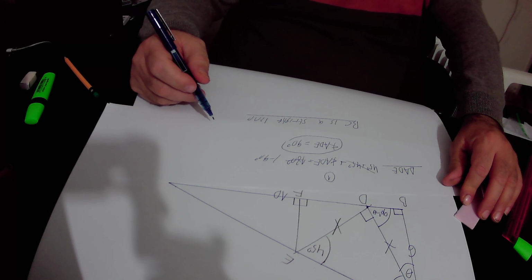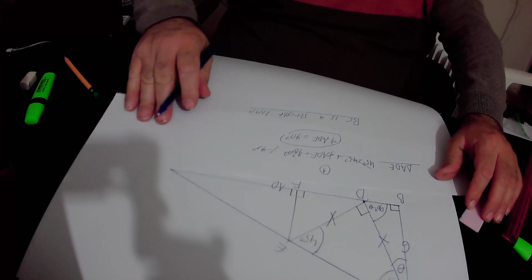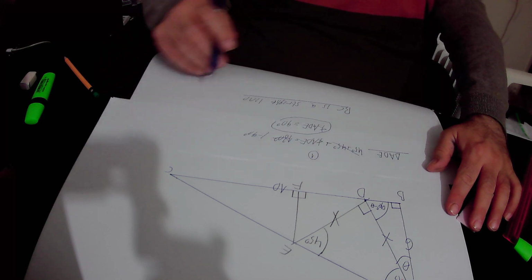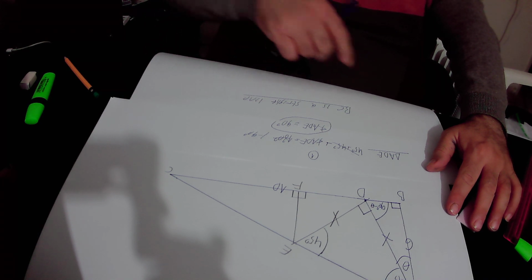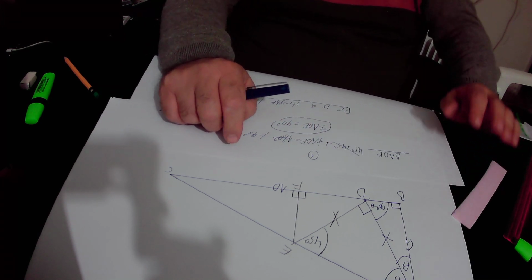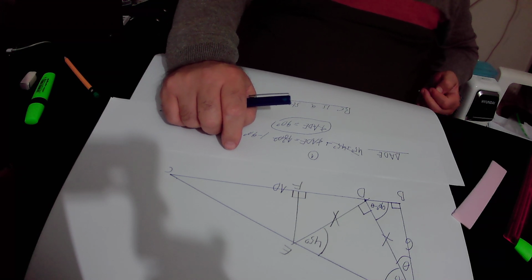And if we focus, we know that BC is a straight line, so the sum of the angles on one side of a straight line is equal to 180 degrees.